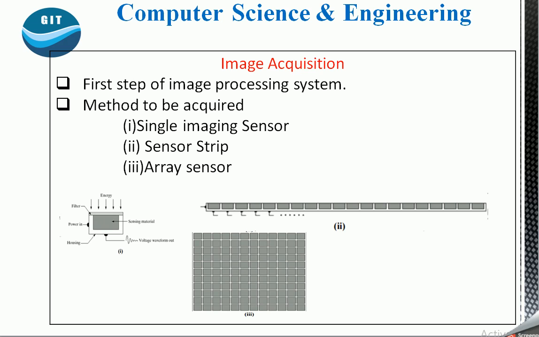In image acquisition using a single sensor, we will take the example of a single sensor as a photodiode. To obtain a two-dimensional image using a single sensor, the motion should be in both the x and y directions. The rotation provides motion in one direction only, and linear motion provides motion in the perpendicular direction.